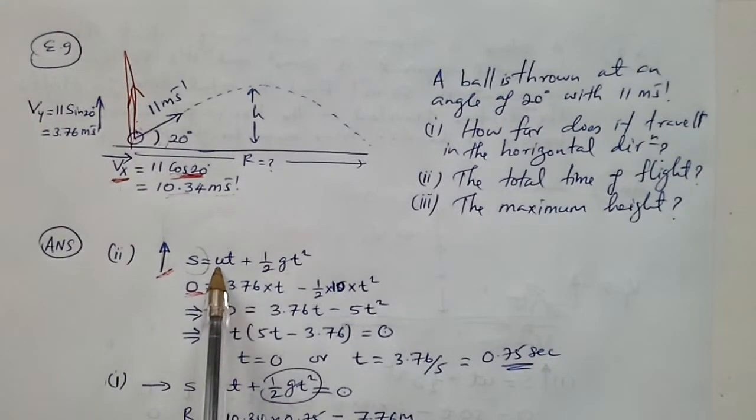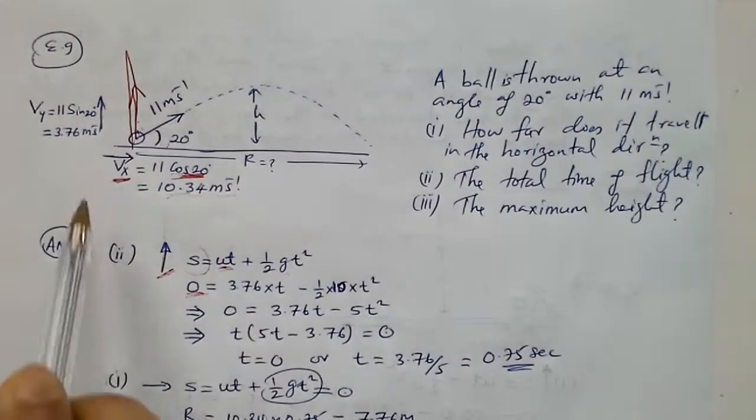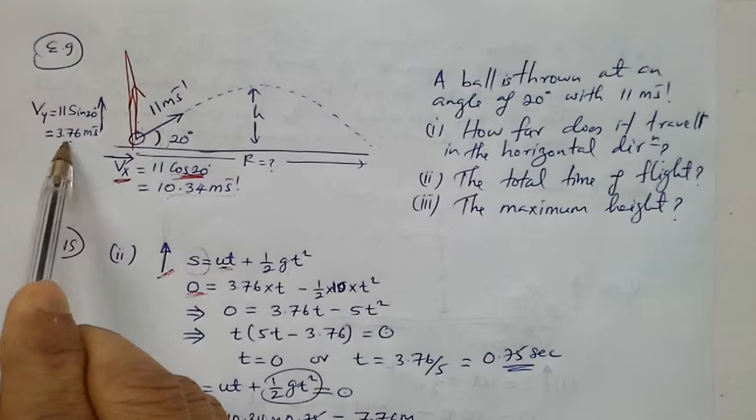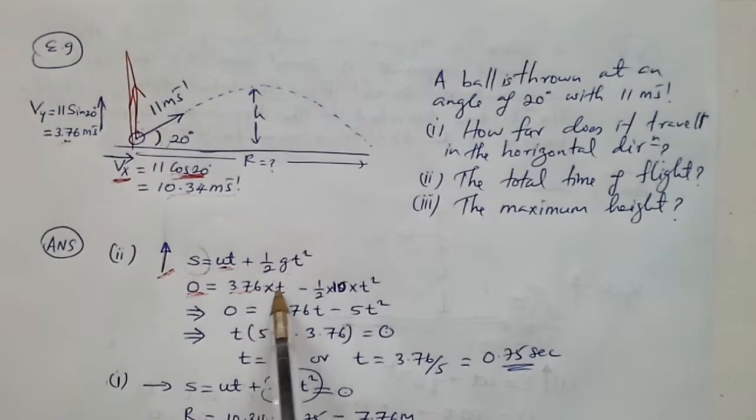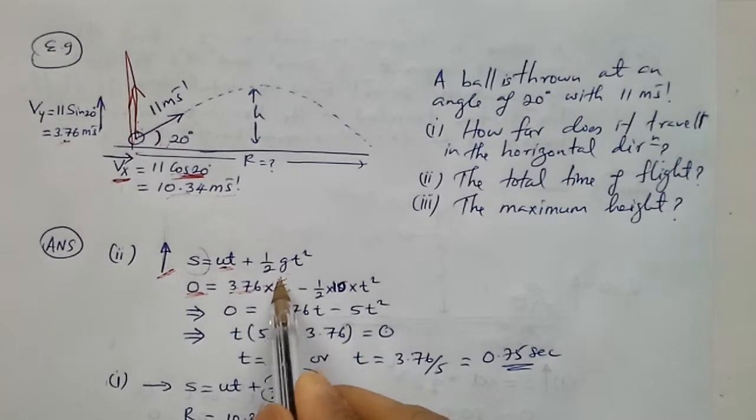The upward velocity component is, as we found, 3.76. So 3.76 times our total time of flight, t.